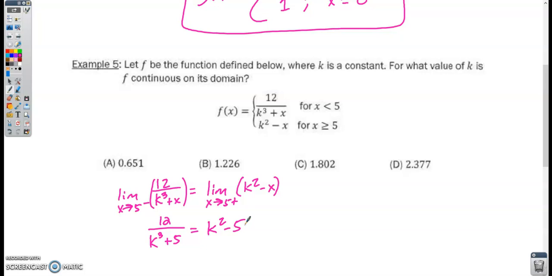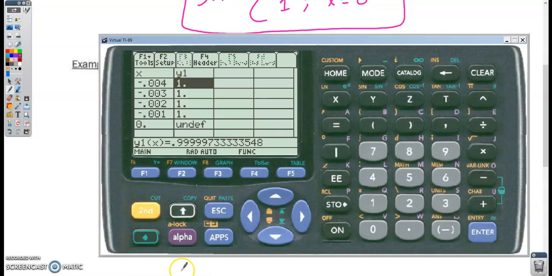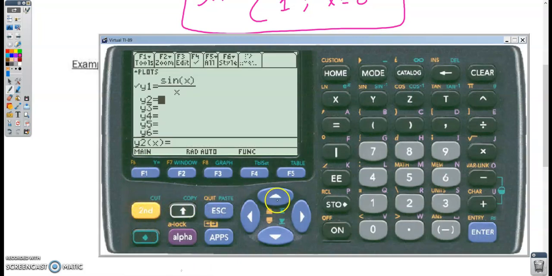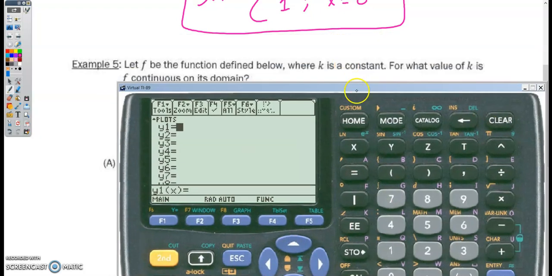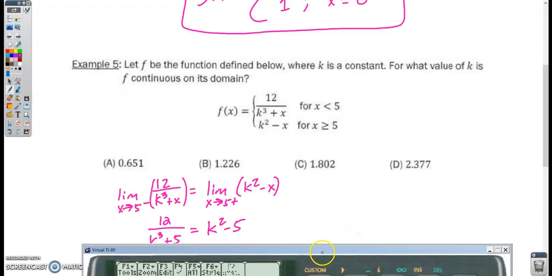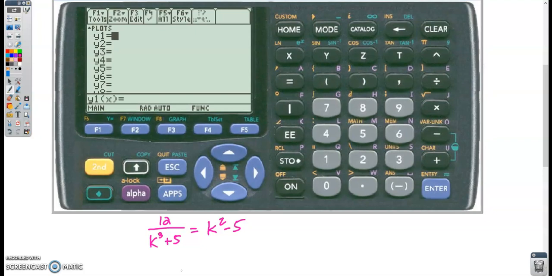And probably the easiest way for me to do it is to graph these in my graphing calculator, only instead of x as my variable, I'm going to have k as my variable. So I'm going to graph 12 over the quantity x cubed plus 5, and I'm going to graph x squared minus 5.